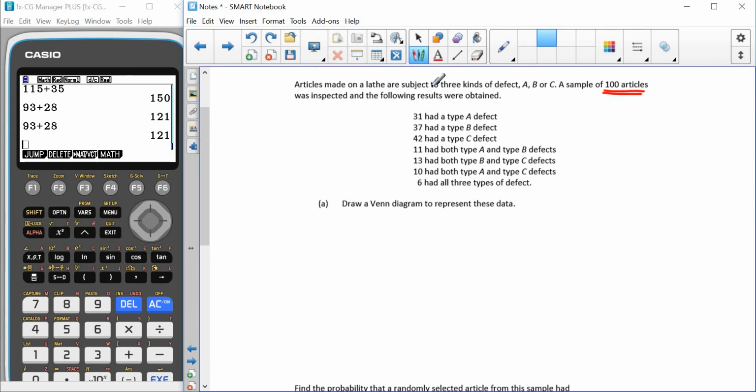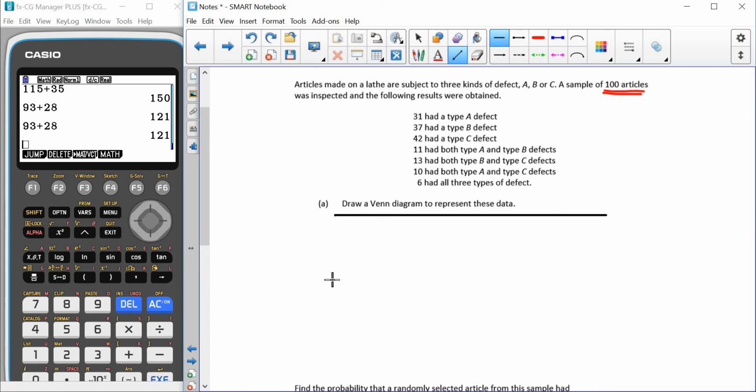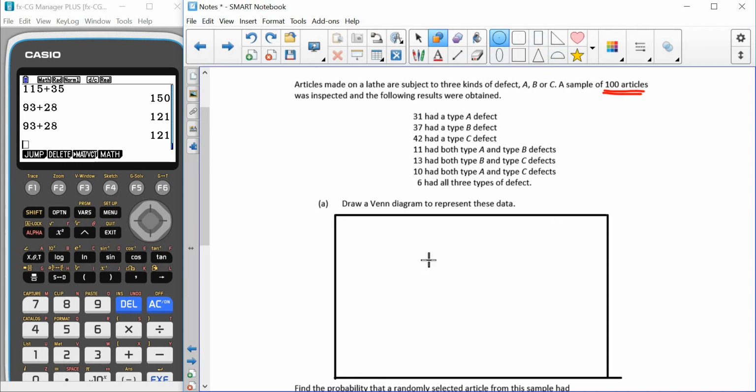So our first step here, step A, is to draw a Venn diagram. Now, as I pointed out before, it's very important that we start off with our outside so that we can have our region where everything is going to be inside of here. Next, we need our circles, which are representing our defect.